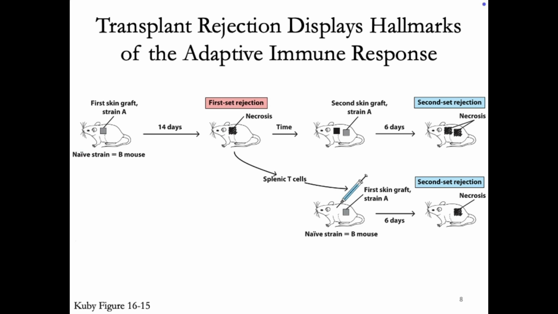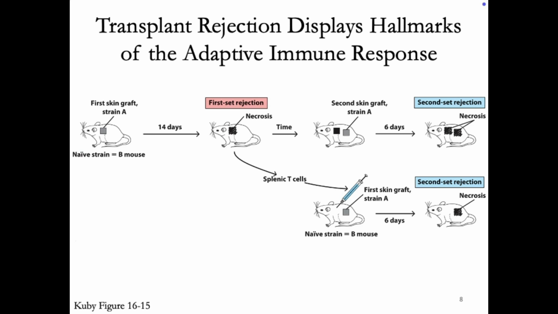And so this starts to make us think there's something going on with T cells here, because if we transfer just T cells, they can mediate this quicker rejection response. This tells us there's probably something going on with adaptive immunity, and in particular, T cells might be particularly important. Brenna, did you have a question?